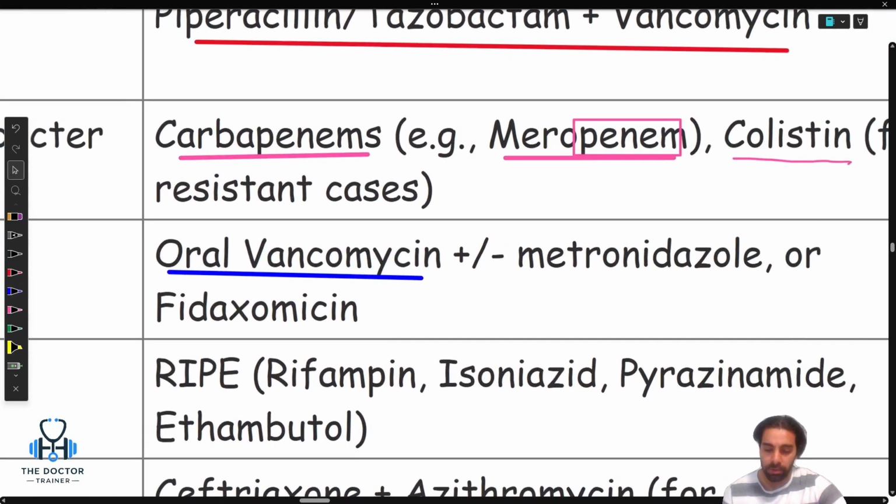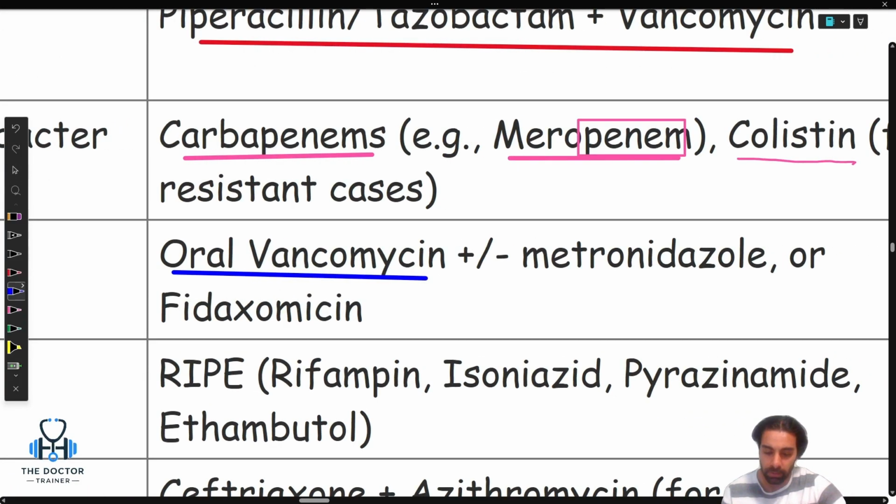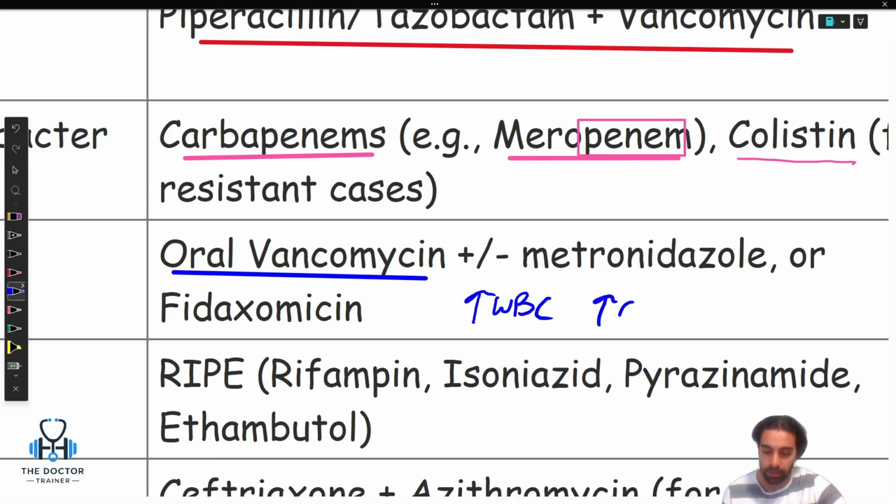And it's also important to note two things: what their white count is doing and what their creatinine is doing. Because if they are in a mild C. diff where they are otherwise doing okay and they don't have end organ influence, like in the creatinine, then oral vancomycin is okay.